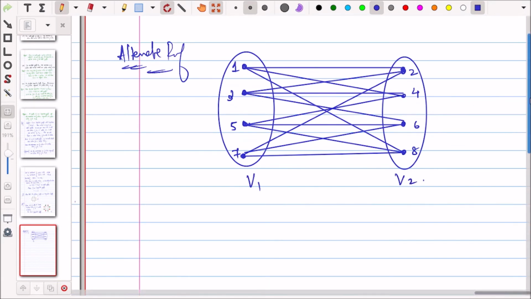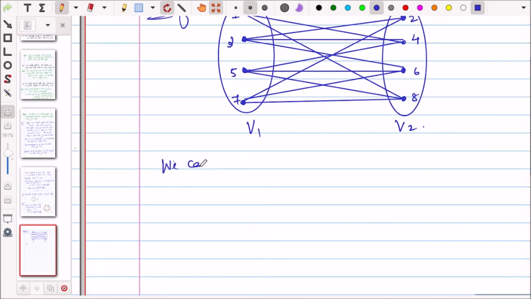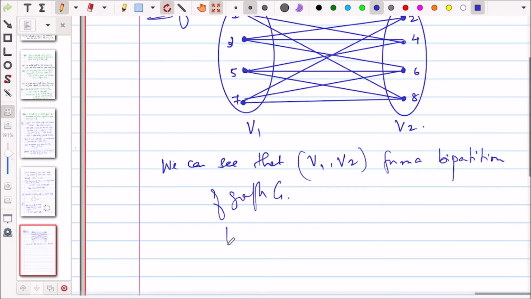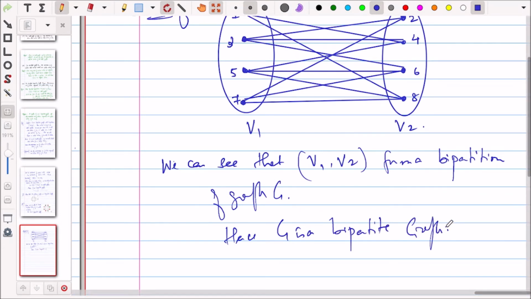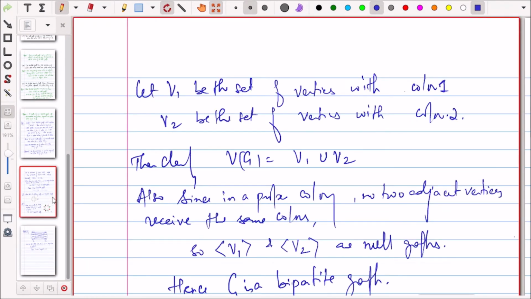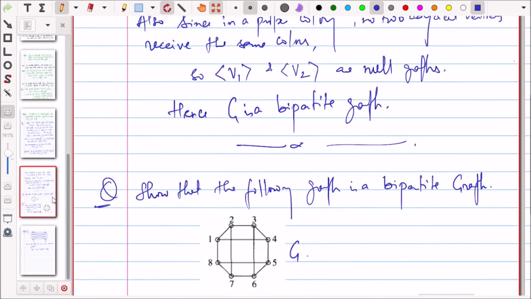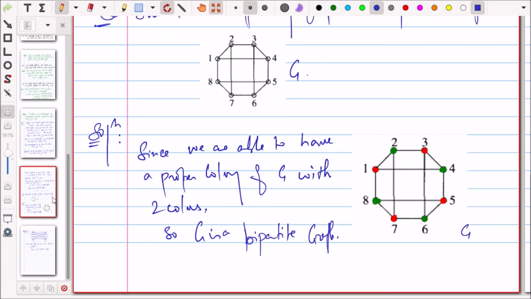So we can see that V1, V2 forms a bipartition of graph G. Hence G is a bipartite graph. वैसे coloring is a better option, क्योंकि coloring में उसी ग्राफ में कलर करने, right? So you can use 2 different colors. एग्जाम में ब्लू और ब्लैक यूज कर लो पेपर पे लिखने के लिए. ठीक है?